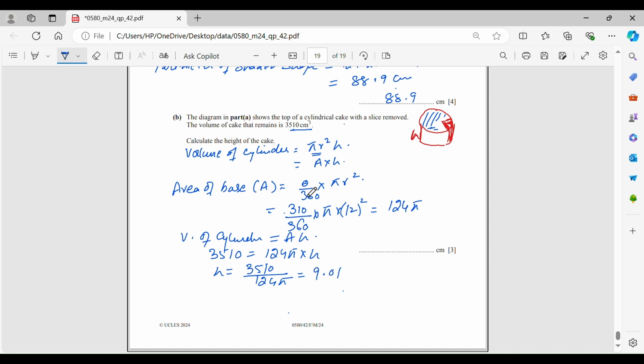So our answer is 9.01 centimeter, right? Next, this is the last question.